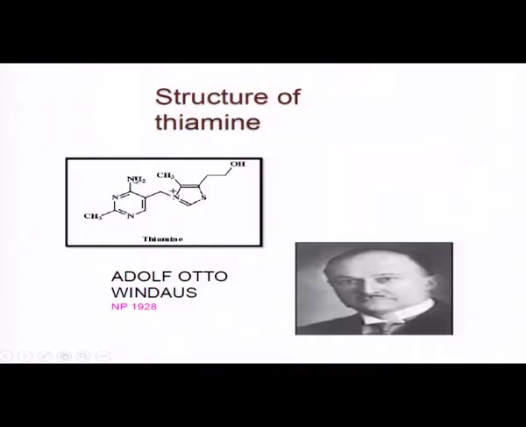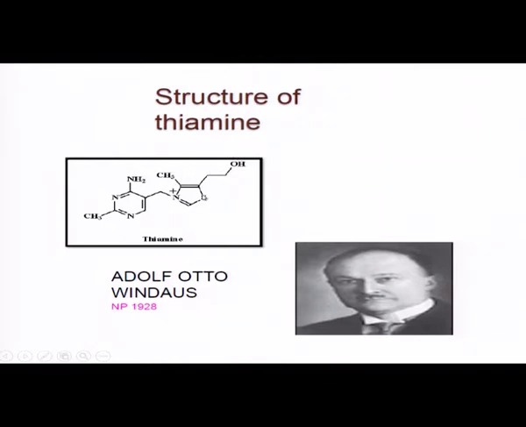Here you find one more person, Adolf Otto Windaus, the German. He is the one given the credit for elucidating the structure of thiamine. You see over there, it is a very interesting structure. You have a pyrimidine nucleus here and a thiazole nucleus over here.